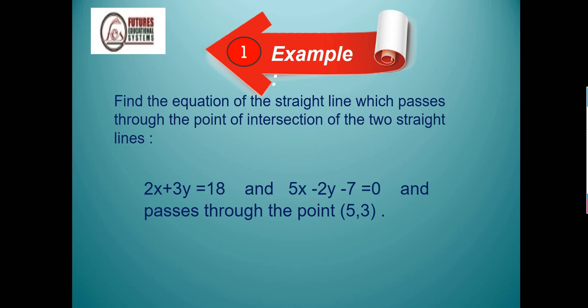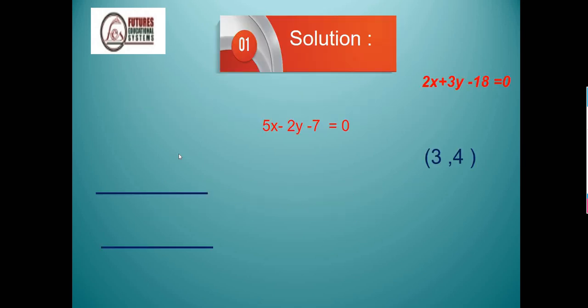To solve this example, to get the equation, we need 2 points, or a point with slope. The equation of the straight line L1 is 2x plus 3y minus 18 equals 0.